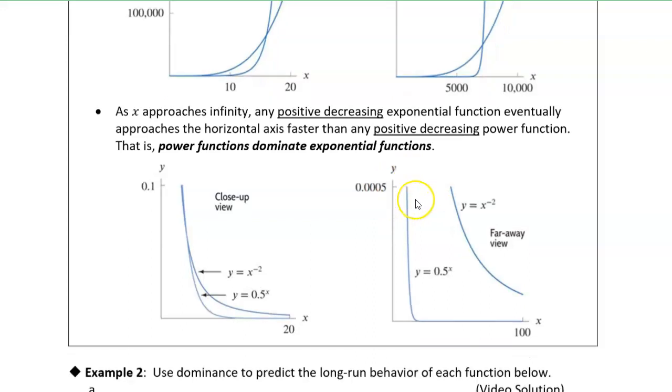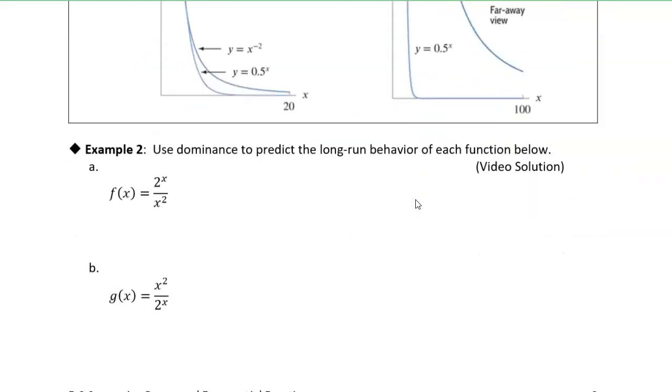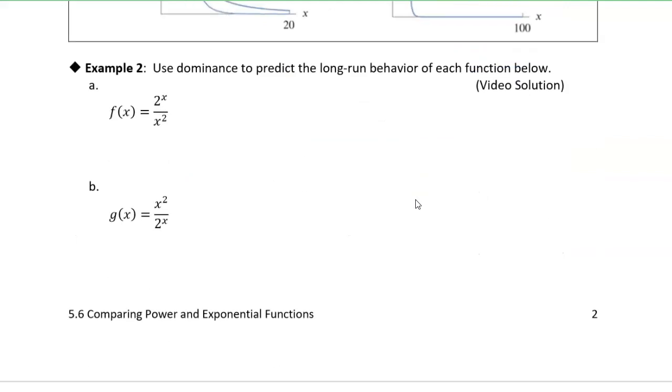Let's take a look at example 2. I feel like example 2 is getting a little bit into dangerous territory, because to predict the long run behavior of these functions, we really need something called L'Hopital's rule, which you'll learn if you take Calc 2.